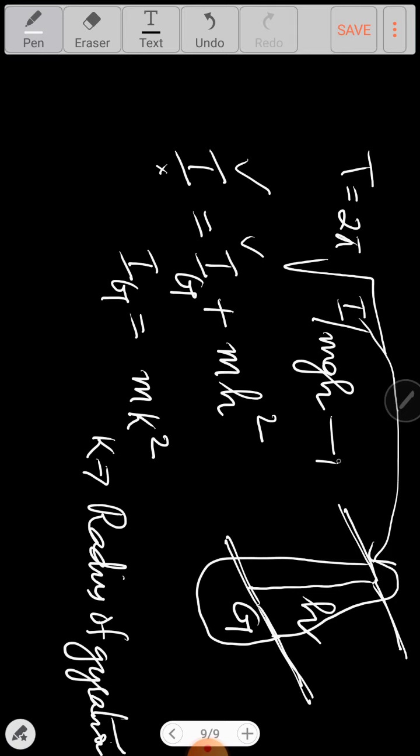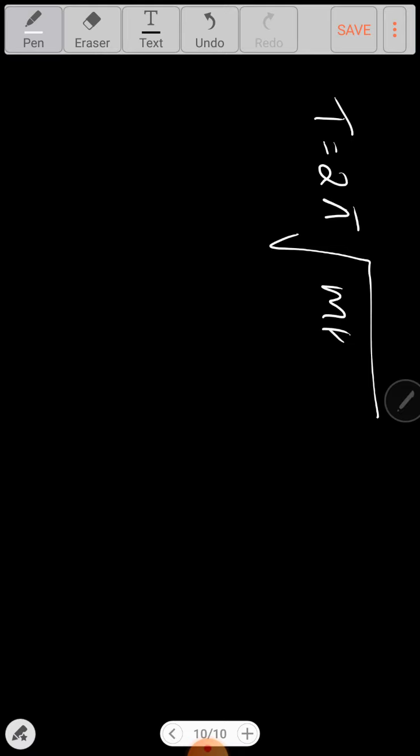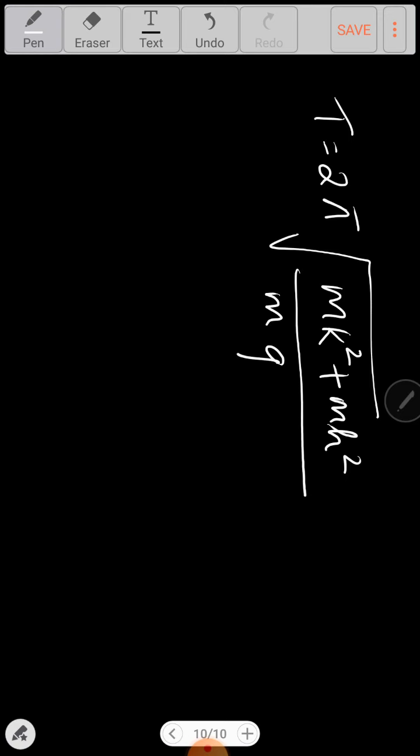We can substitute this in equation 1, and then we will get T is equal to 2 pi into root of I, I is mk square plus mh square, divided by mgh.